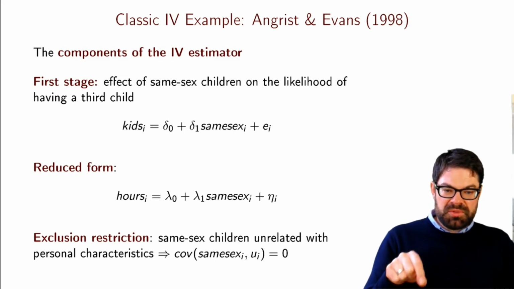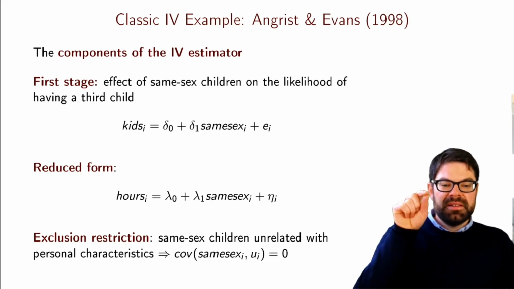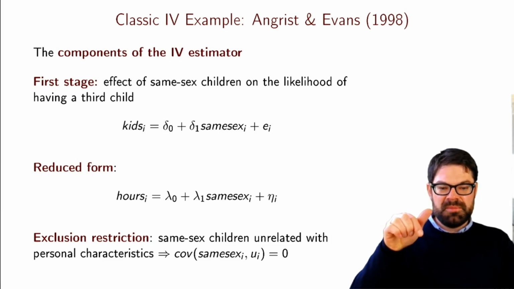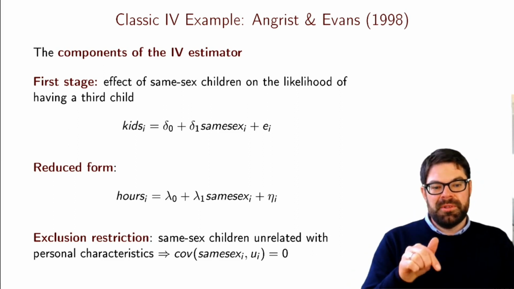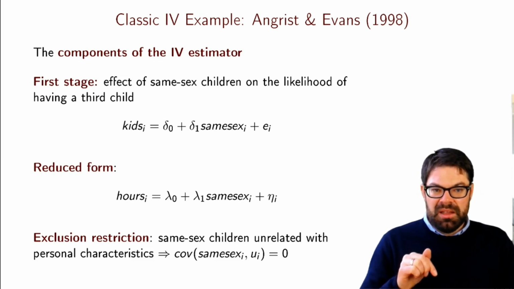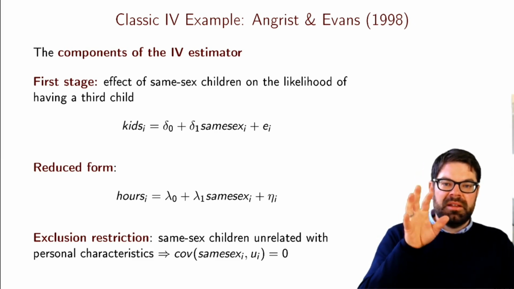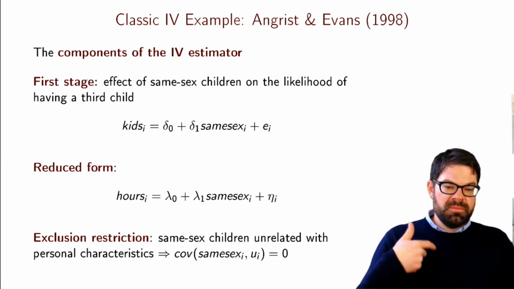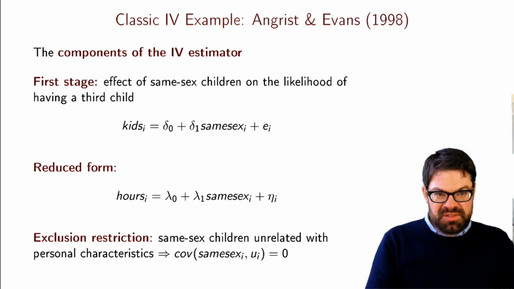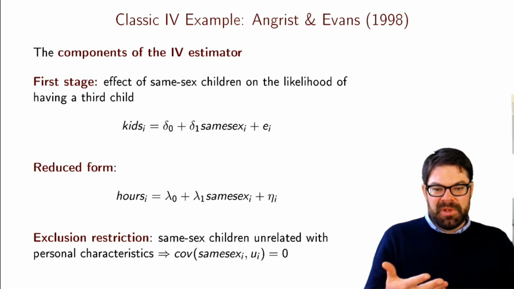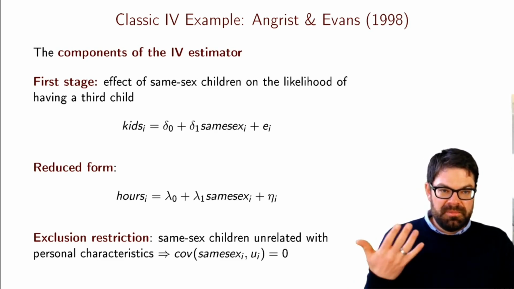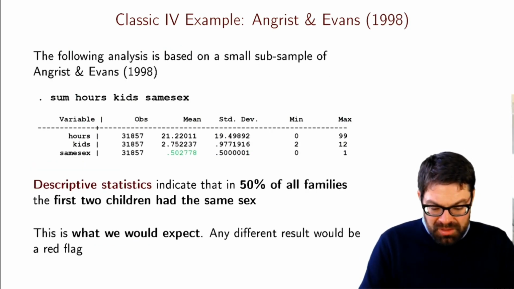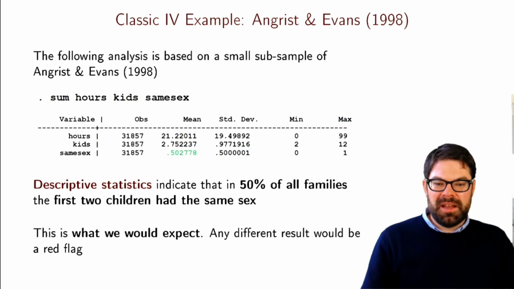The exclusion restriction here is that whether the first two children had the same sex or not is unrelated with personal characteristics. Now, this may hold obviously in quite a lot of countries. There are some countries where you have selective abortions where that may not hold, but in many countries it probably does. One of the few things that is truly randomized.